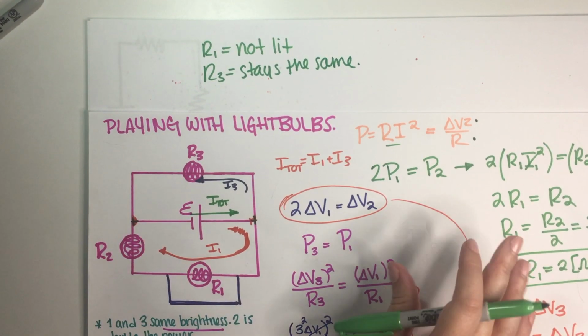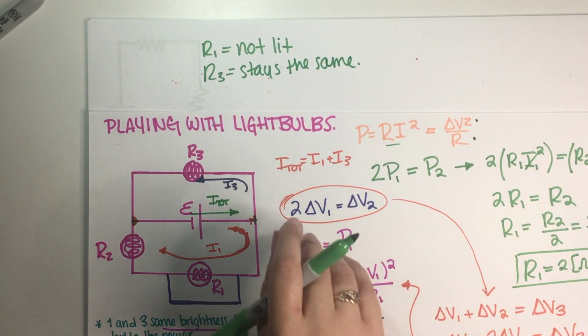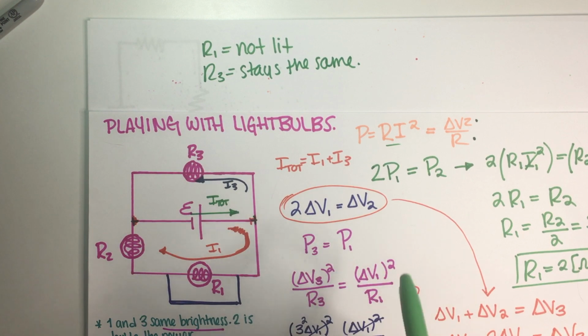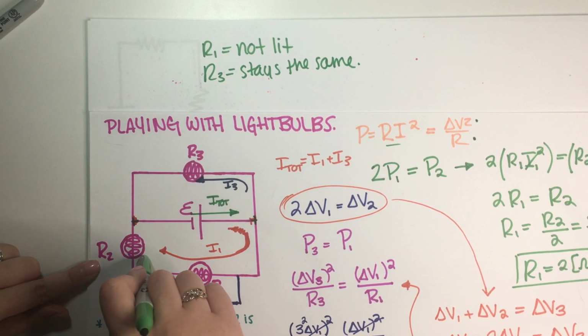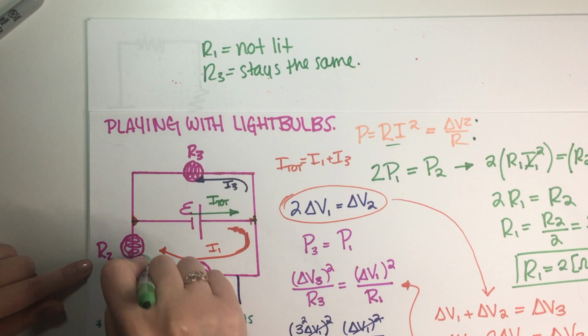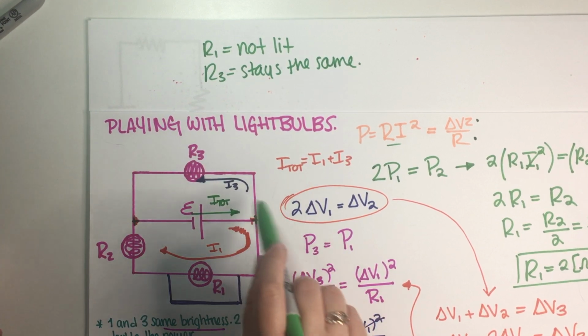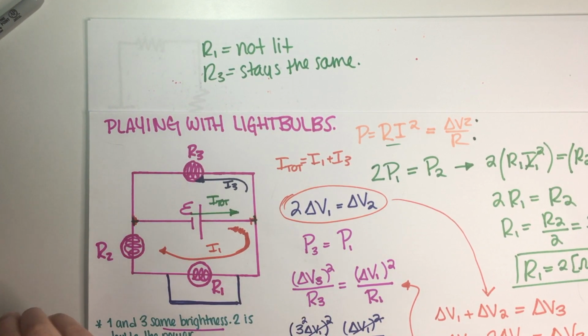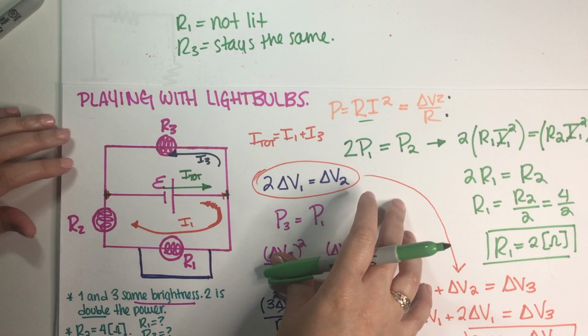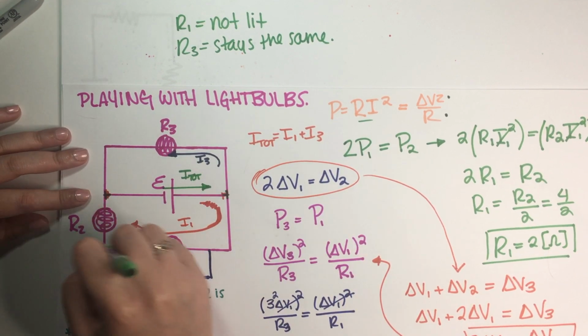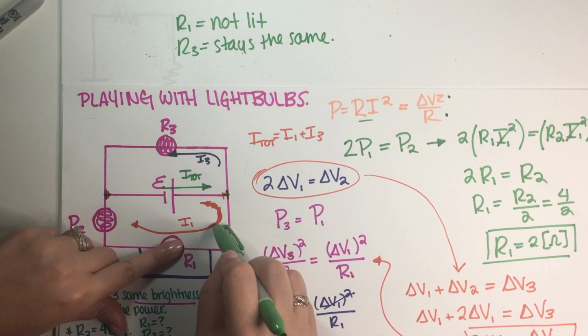Like this. So now the question is what is gonna happen to R2. What's gonna happen to R2 is actually interesting, because we have to figure out whether it's brighter, whether it's not lit, or whether it stays the same. Now some things have definitely happened over here. So you short out this resistor.